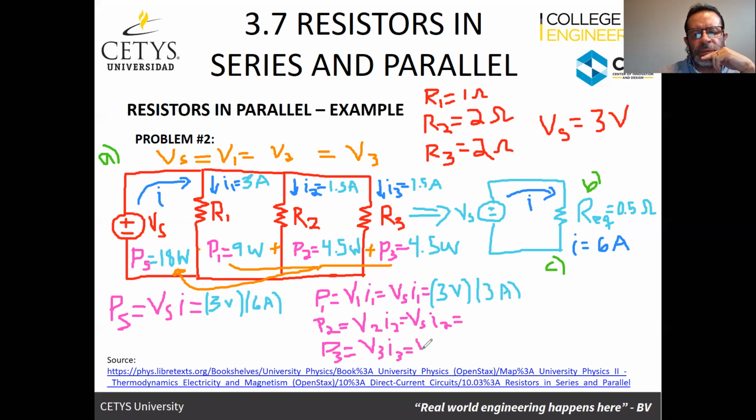This is going to be equal to voltage of the source multiplied by current 3. And so here we're going to have exactly the same calculation because of the values. This is going to be 3 volts multiplied in this case by 1.5. And this is going to give us the 4.5 watts that we're talking about.